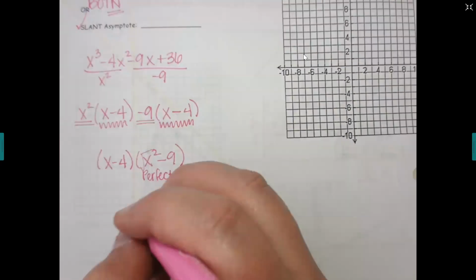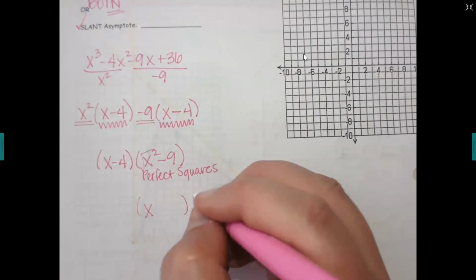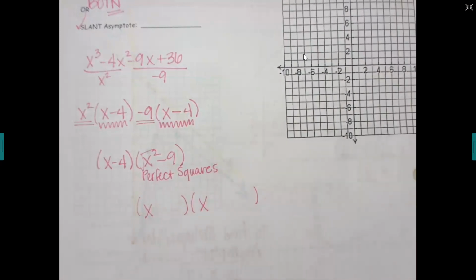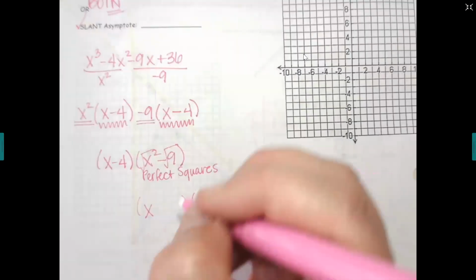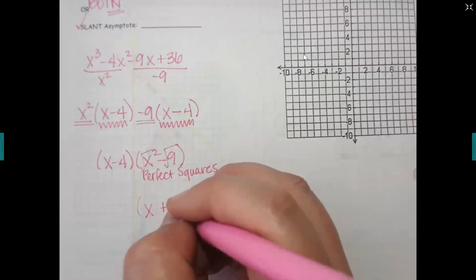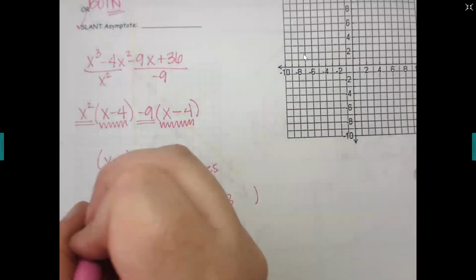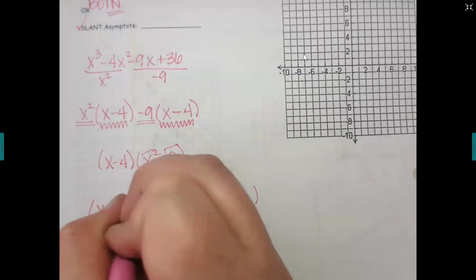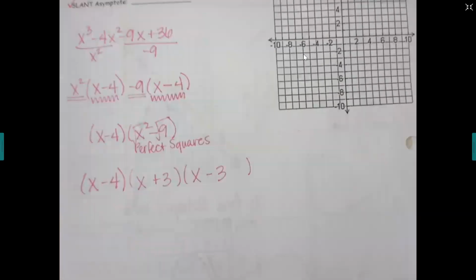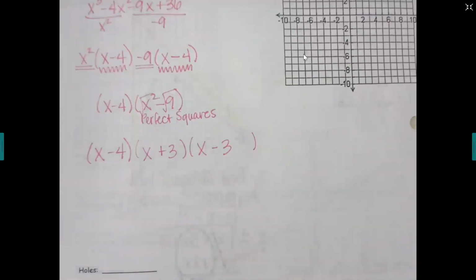X, so it'll go to an x and an x. And then what about the square root of 9? A minus 3 and a plus 3. Remember, the order doesn't matter as long as you do one with a plus, one with a minus. So there's the top. It was originally cubed, so it should make sense that it broke down to 3 different factors because I had 3 different x's.